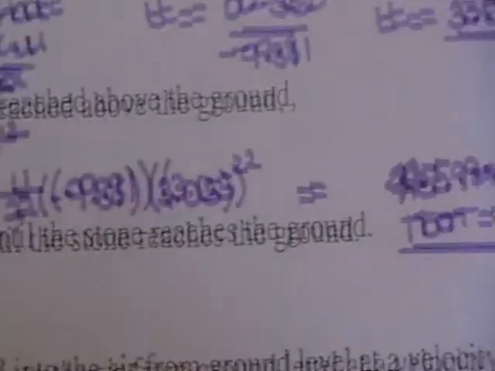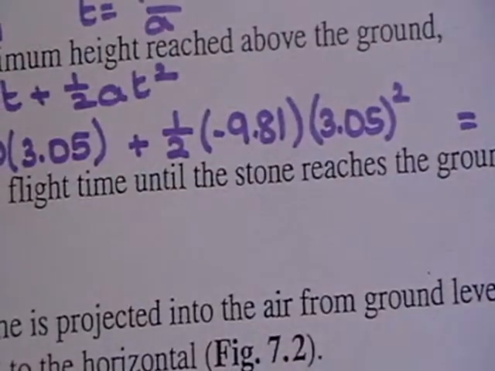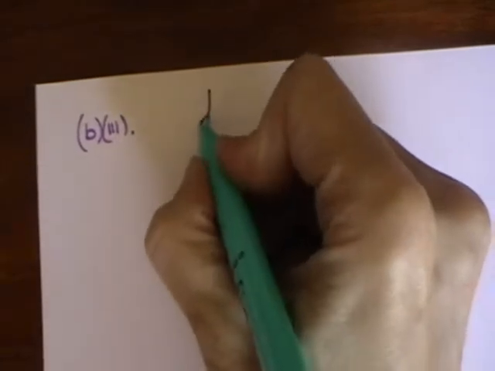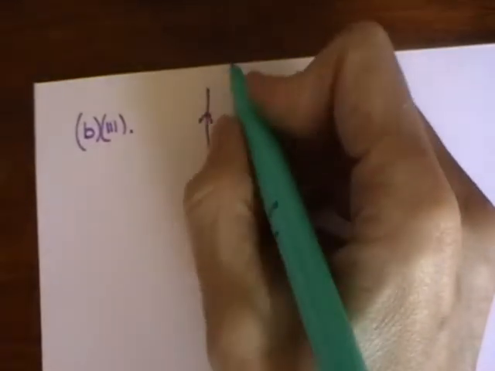Part 3, the total flight time until the stone reaches the ground. I'm going to have to do this on a white page for you. So this is part B, part 3. There are 2 parts to the flight: this upward part and then the downward part.